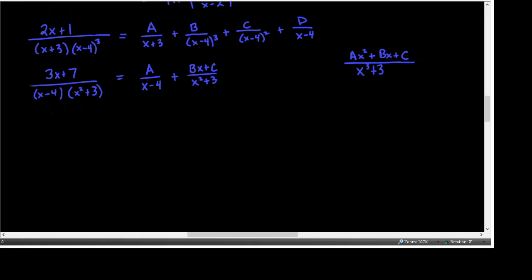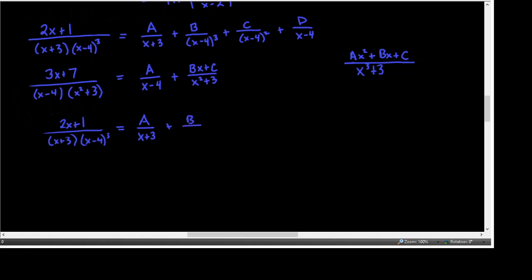Okay, so let's go ahead and do these two while we're here. Can't hurt. So let's decompose the 2x plus 1 over x plus 3 times x minus 4 cubed. So I'm really just writing that same line again that I did above, because I didn't leave any room below it, which I probably should have, but that's okay.